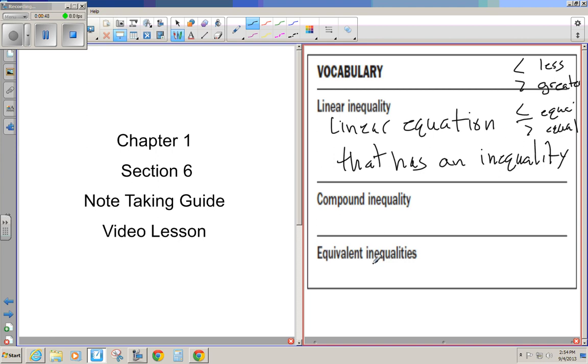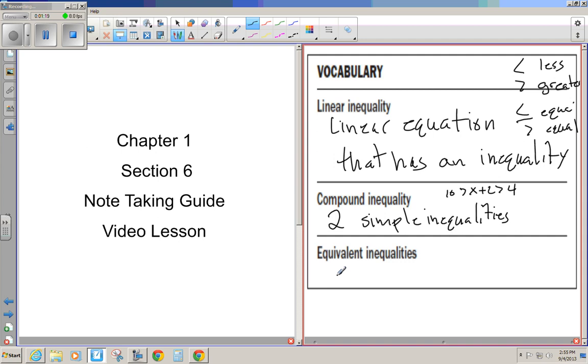So compound inequalities have two simple inequalities. So you basically have like, x plus 2 is greater than 4, but it's less than 10, something like that.